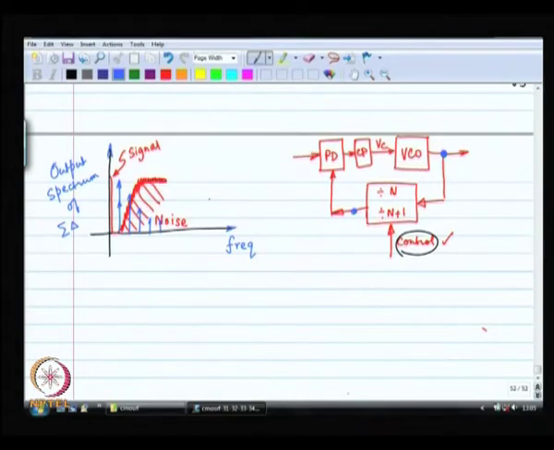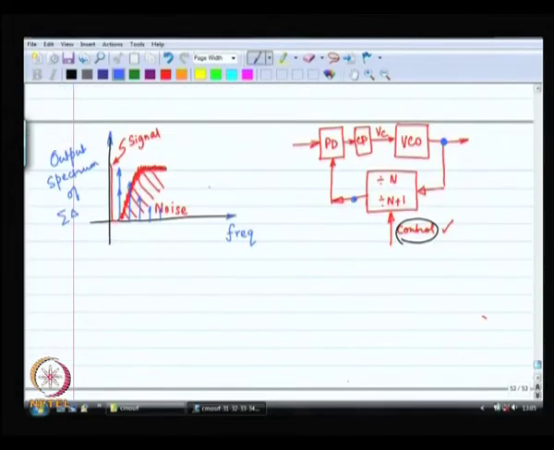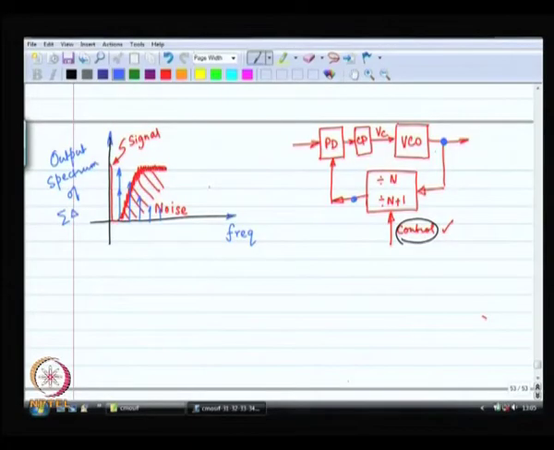Now, therefore, what do you expect at the output of the VCO? What is it that you expect at the output of the VCO? Yeah, come on. So, the answer to my question, what do you expect over here? You do not expect the channel raster to be there, fine, good.